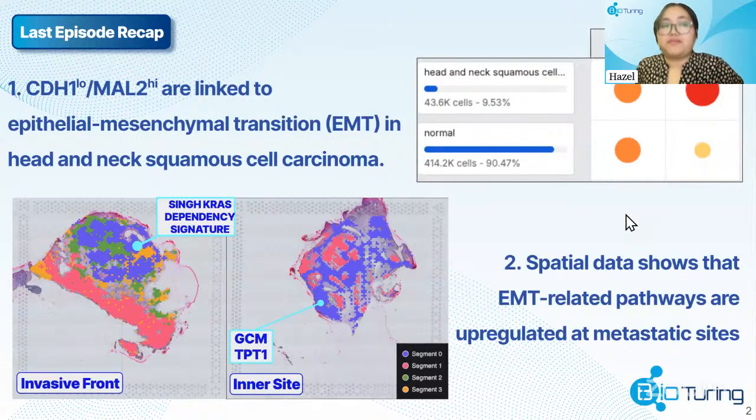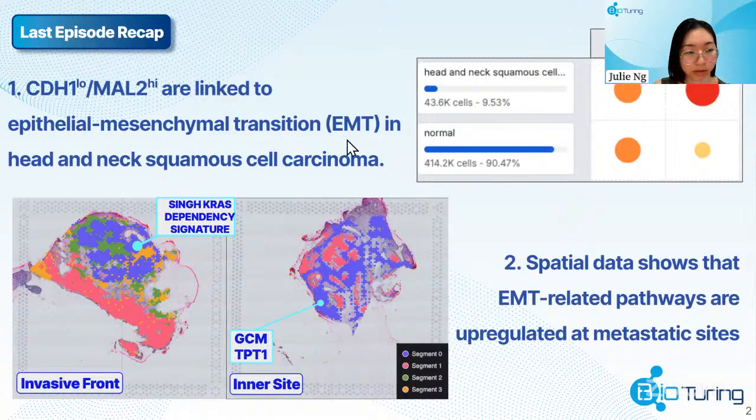Yeah, so last week we explored some single cell and spatial data of head and neck squamous cell carcinoma, and we found this particular subset of epithelial cells that was low in CDH1 expression and also high in MAL2 expression. Within this subset of epithelial cells, we found that they're linked to the epithelial mesenchymal transition, or EMT pathway, which plays a huge role in metastasis.